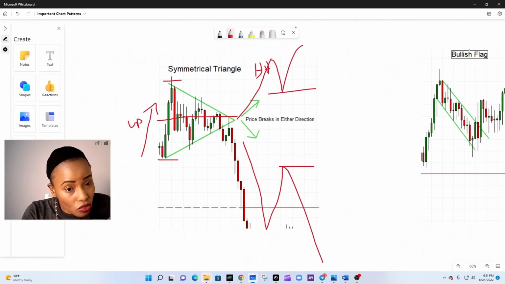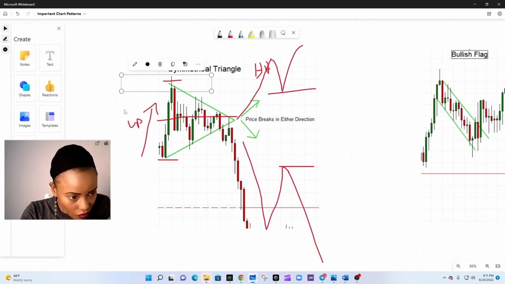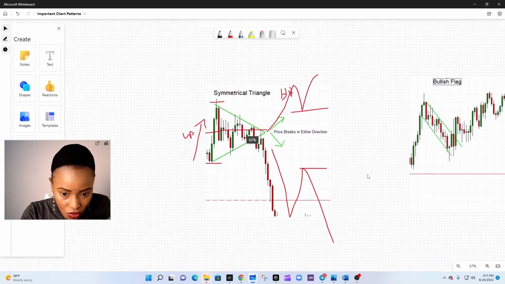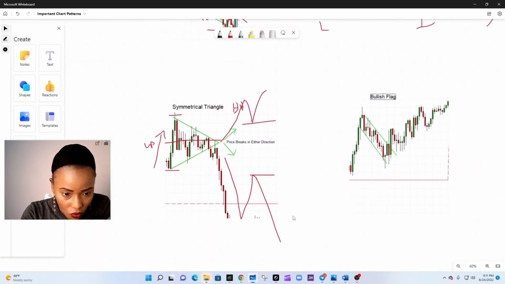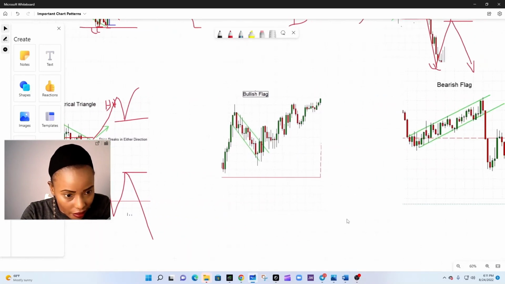All you need to know is how to identify the chart patterns, how to draw your trend lines and see whether it's a symmetrical chart pattern, whether it's a wedge or ascending or descending chart pattern. So let's move to the next chart pattern, which is a flag.